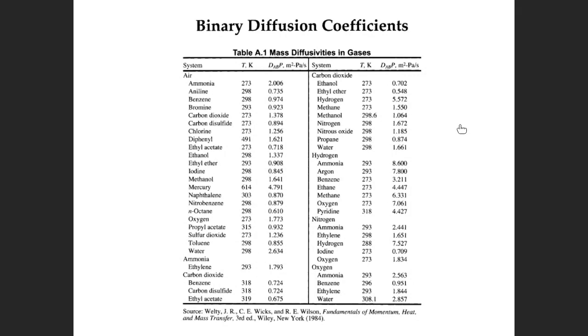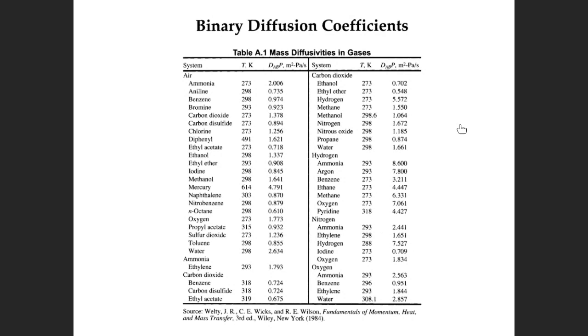Because look at DAB. Is it DAB only? It's DAB P, so it is multiplied by pressure. So it's because of that. If you want to find the DAB only, you have to divide by the system pressure, because you mentioned at one stage it is isobaric.